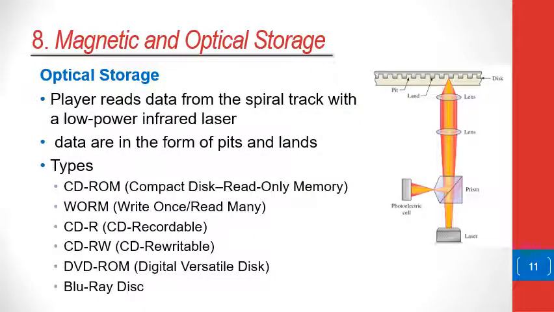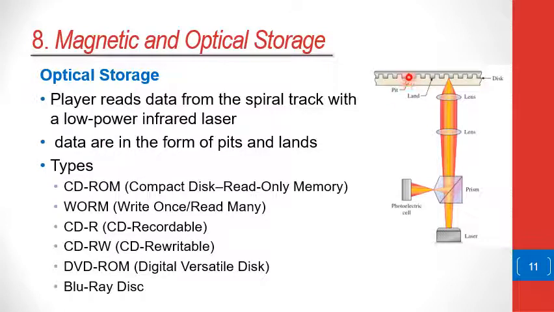Another type of storage is optical storage, where data is stored on a disk. In a typical CD-ROM there are spiral tracks made up of pits and lands. As you can see here, the pits are the ditches and the lands are the top surfaces, and the data can be read from there.